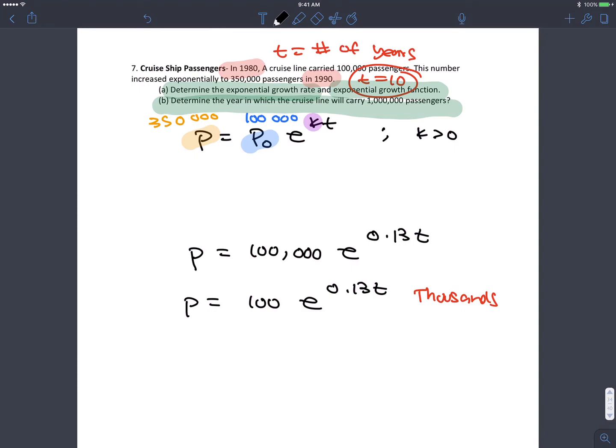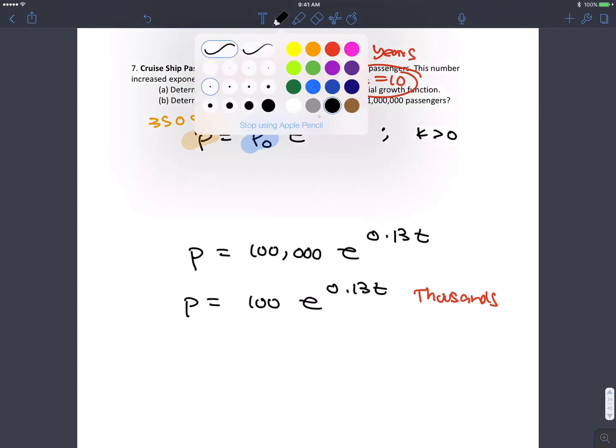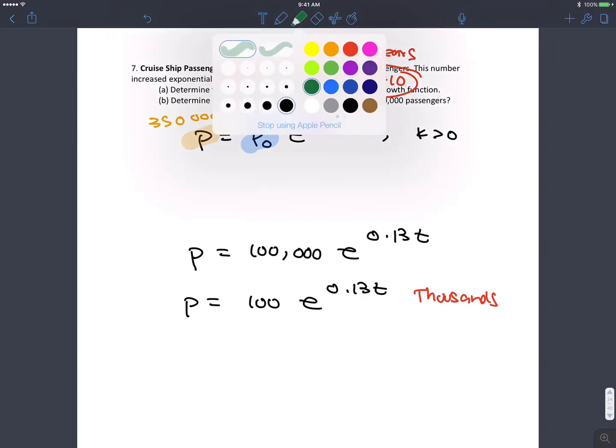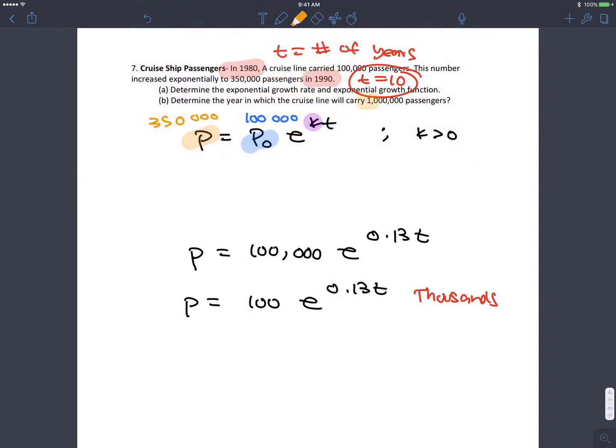So if I'm going to use the population now to be, let's erase some of this, 1,000,000. I'm right here. Let's find the color. Let's say orange. I want this to be 1,000,000 now, my population. So how do I represent 1,000,000?